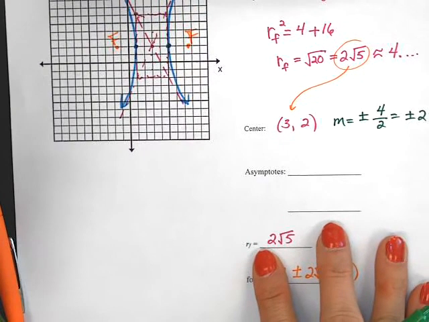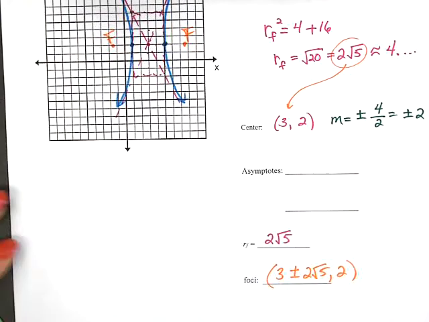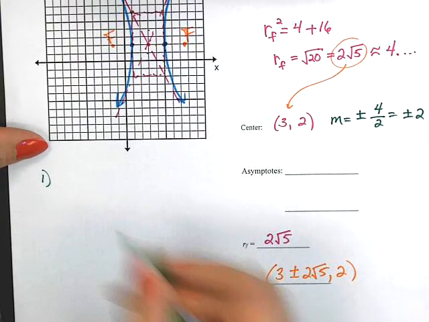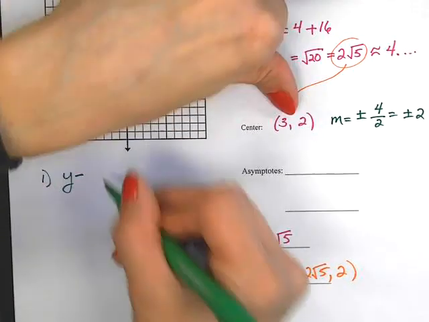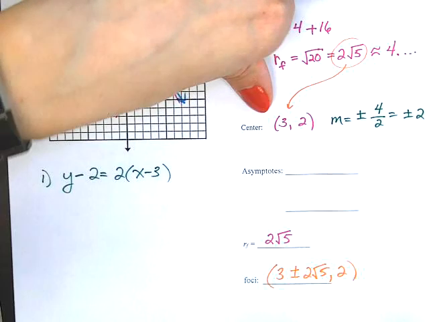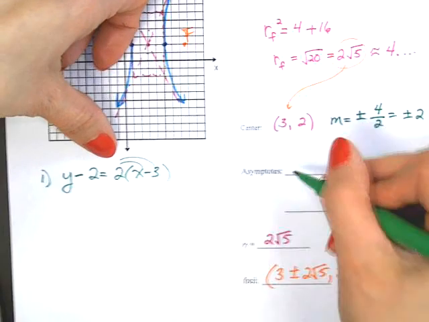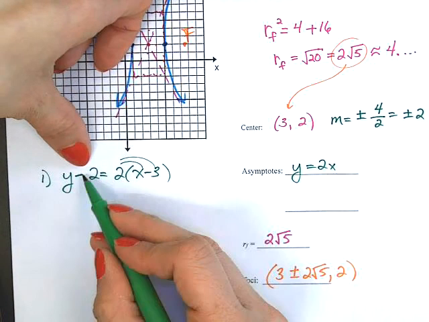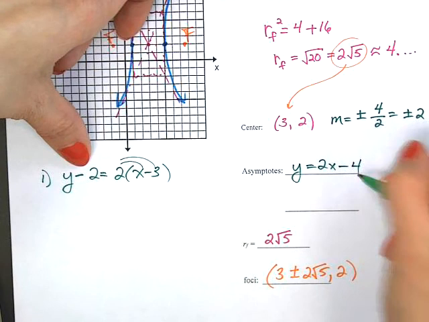Okay, I like to use point slope just because I think that's a little easy when I have a point and a slope. So asymptote number 1, y minus 2 equals m times x minus 3. No fractions, distribute, y equals 2x minus 6 plus 2 is minus 4.